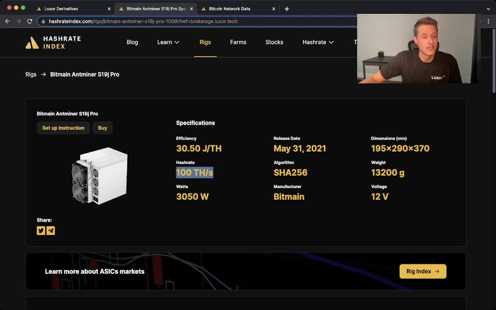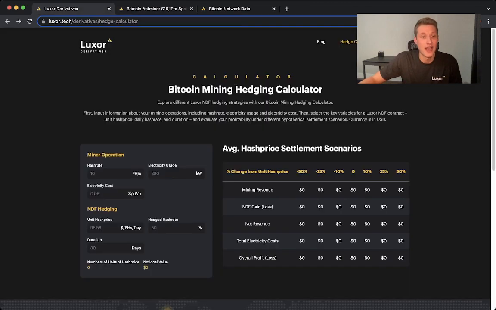So for this specific model, each machine is 100 terahashes. 100 terahashes is 0.1 petahashes. And so if I have 100 machines, I should have 10 petahashes to input into our mining calculator.